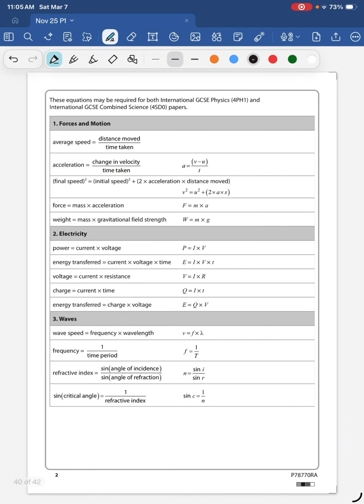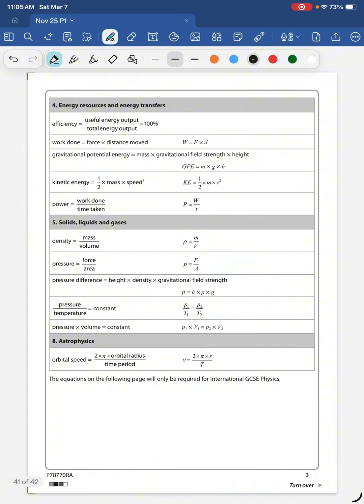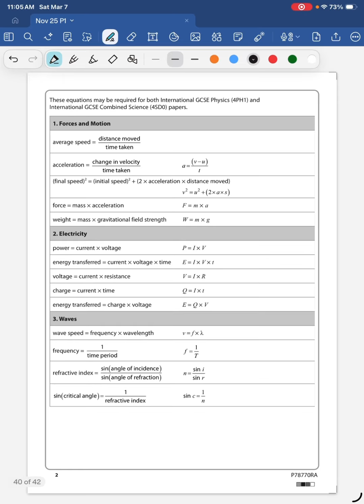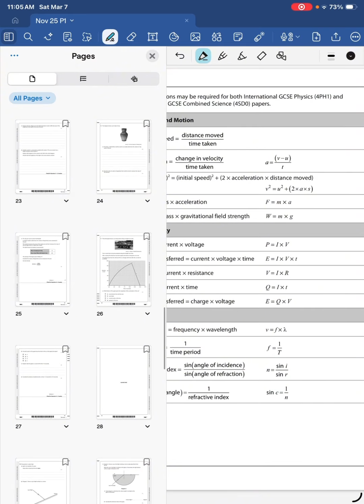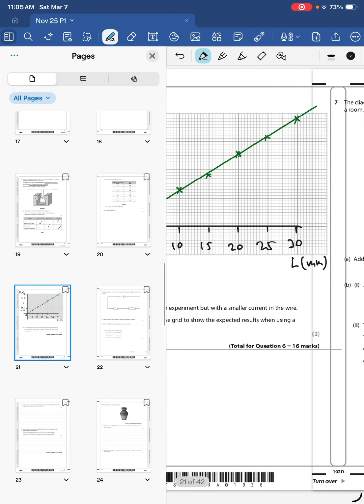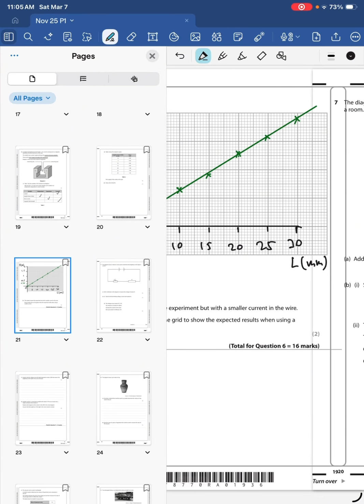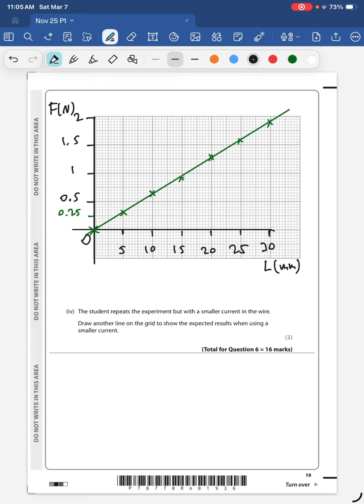All right. Forces, electricity, waves, energy, resources, solids, and astrophysics. So sadly, you don't learn about this. So, okay, I'm going to explain it differently. If we look at the graph, the graph tells us that the force increases with length.